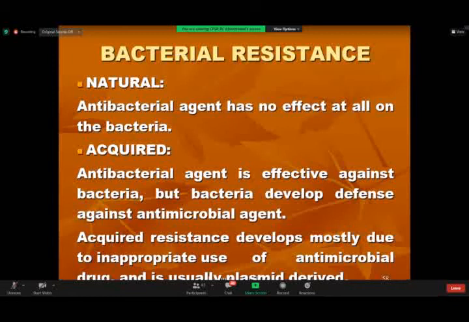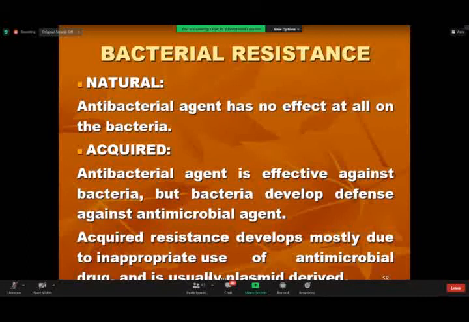One is natural bacterial resistance. In natural bacterial resistance, the antibacterial agent has no effect on that bacteria. Let's say we are giving a certain antibiotic for a gram-positive infection, and we give aminoglycosides. They have no effect on gram-positive bacteria.